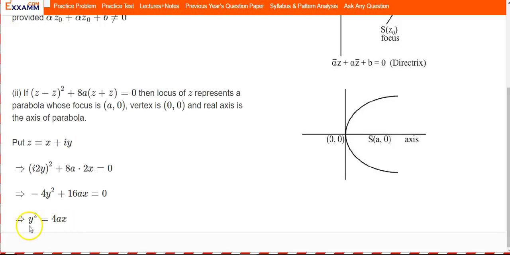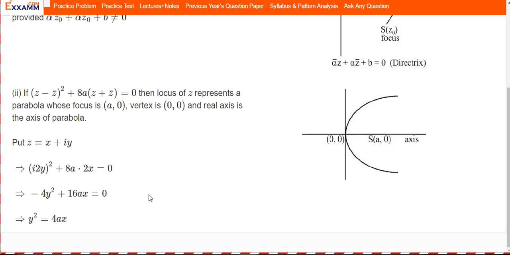So if we put these two values in this, we will get this equation. So if tomorrow we get x square is equal to 4ay and we are required to find the equation in this form in some problem, we replace the value of x and y in terms of z and z bar to get the desired equation.